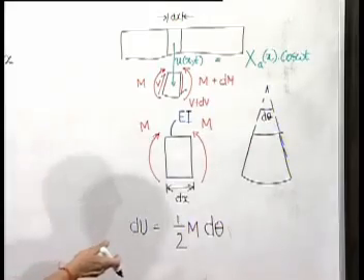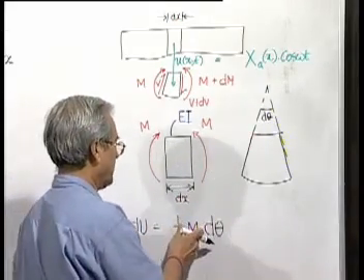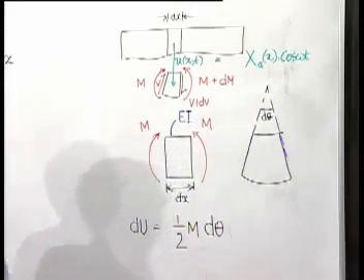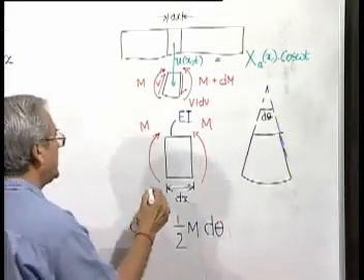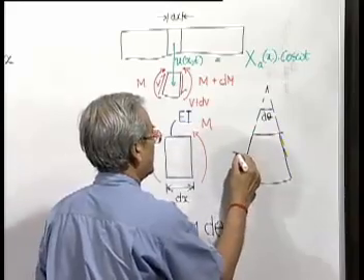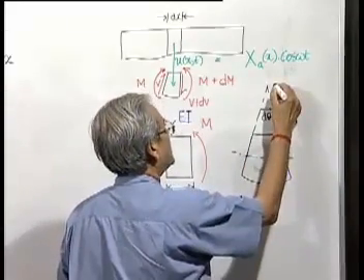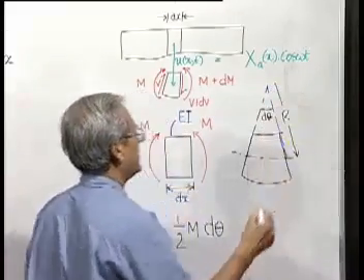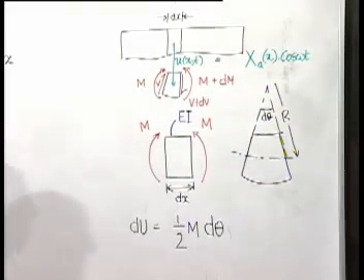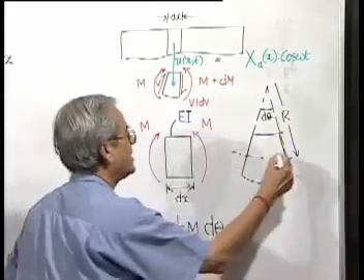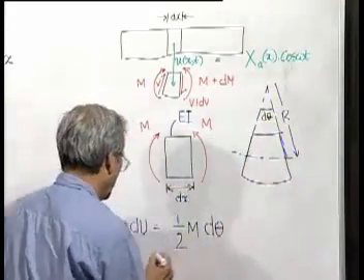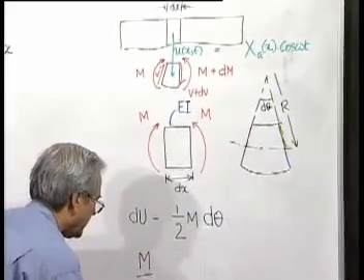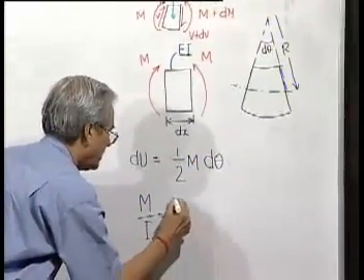Because the moment also slowly increases from 0 to its maximum value when the rotation of the end is already d theta. Now, if this is dx and the distance of the neutral axis is r, where r is the radius of curvature, we know from bending theory that M by I is equal to E by r.